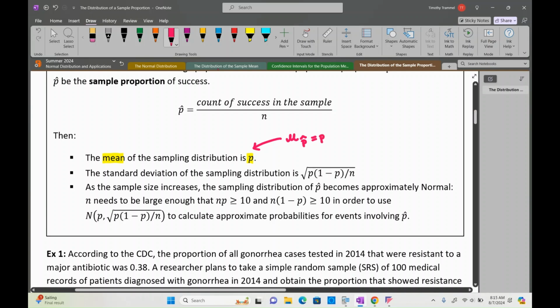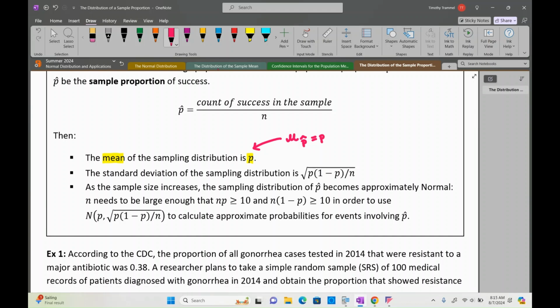All this is really saying is that if we were to flip a coin 10 times and repeat that experiment over and over, on average we'd wind up with about half heads, half tails. That's all that's really saying there.